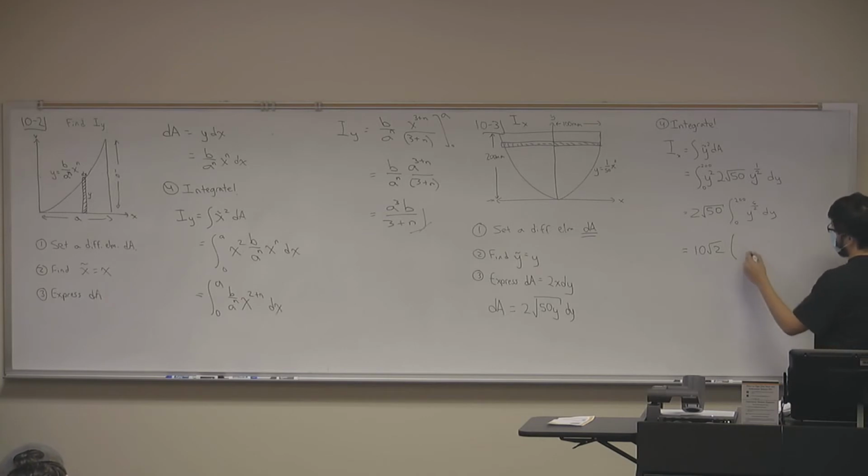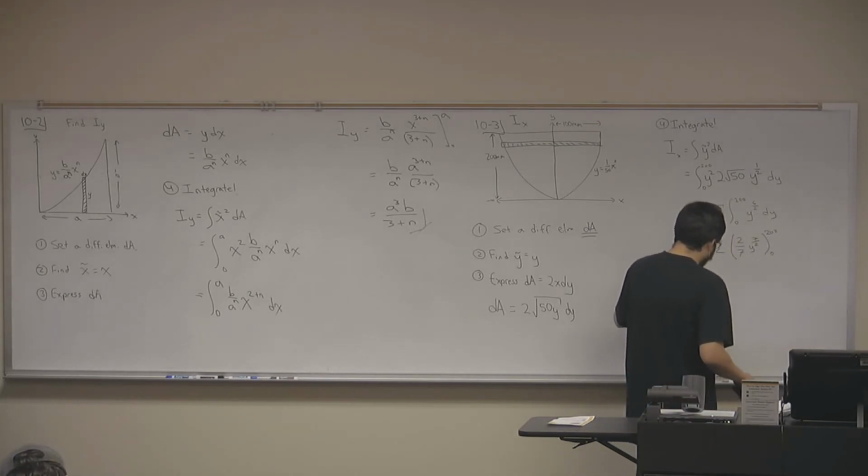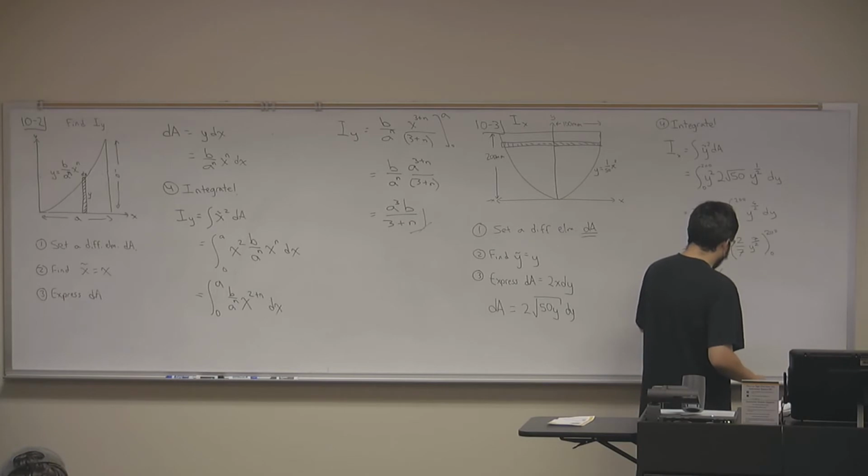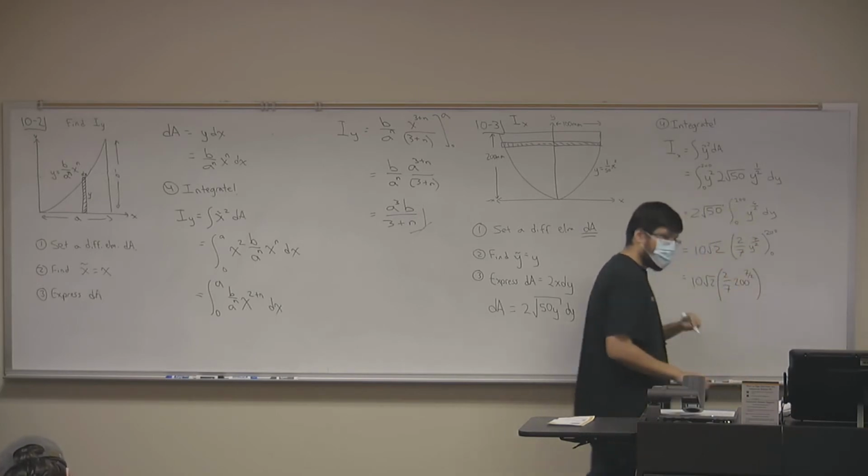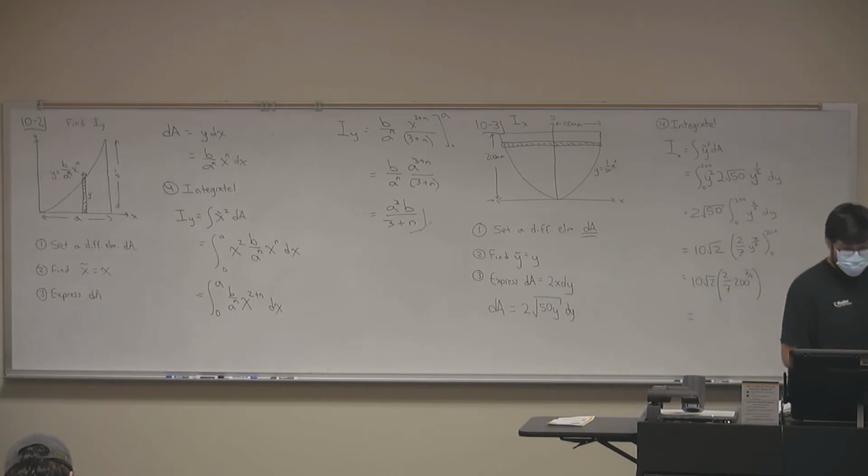2/7 times y to the 7/2 from 0 to 200. Do you want the answer for that?